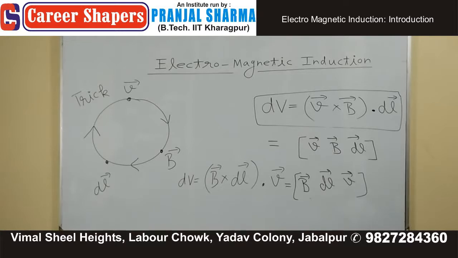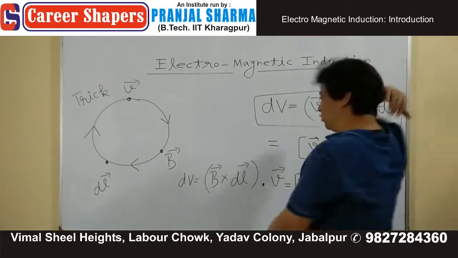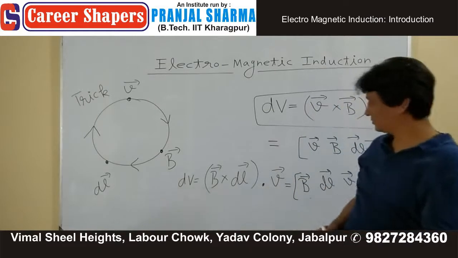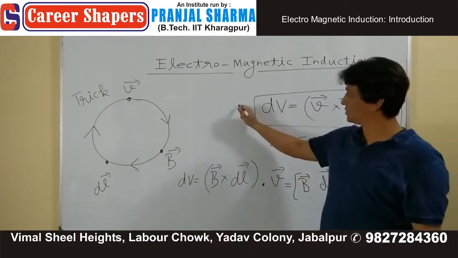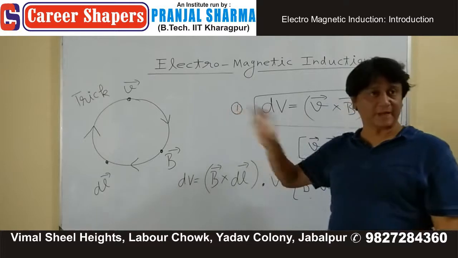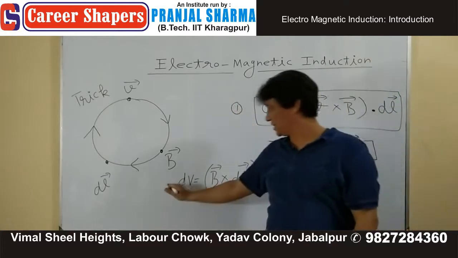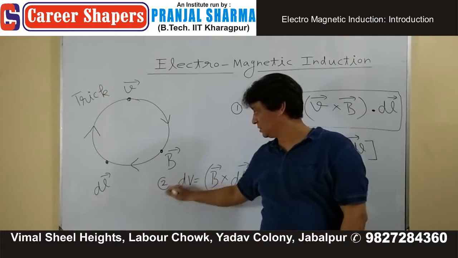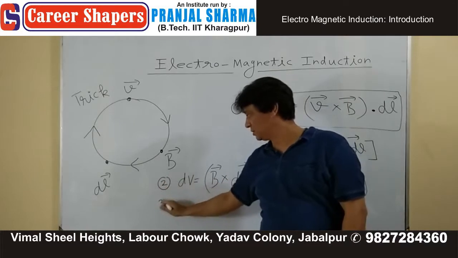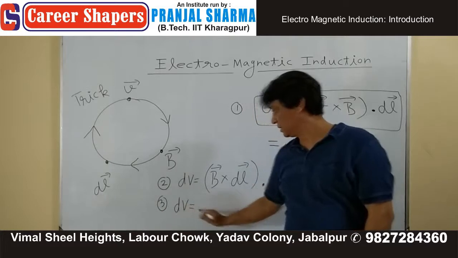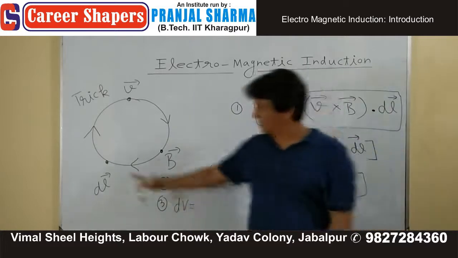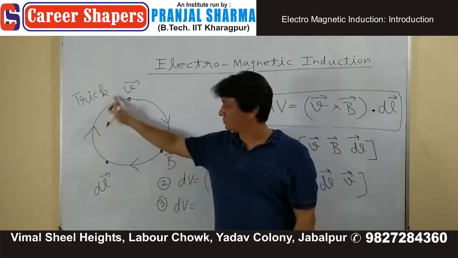Good. The third one will be, you can say this is the first one. They're all same, remember. This is the second one. And now look at the third one. dV. Take these two.